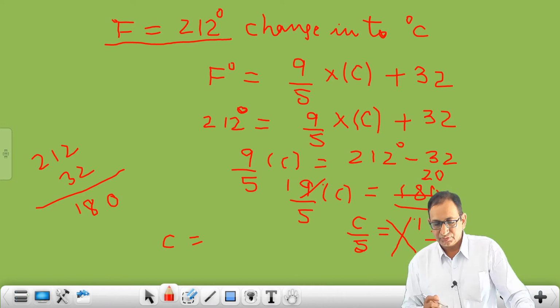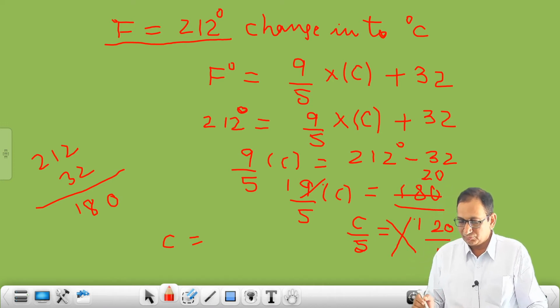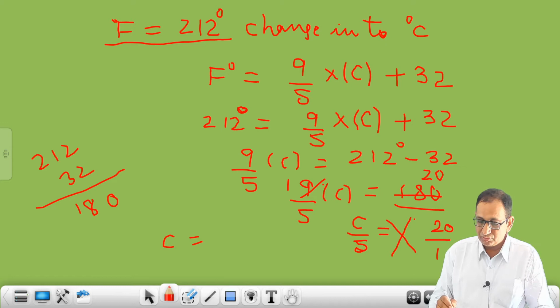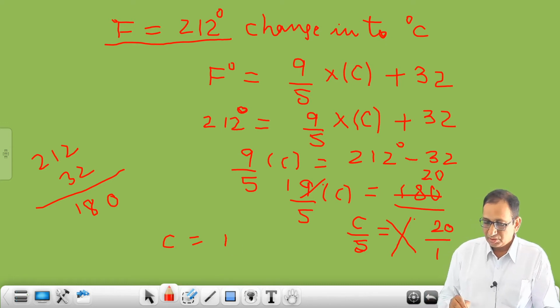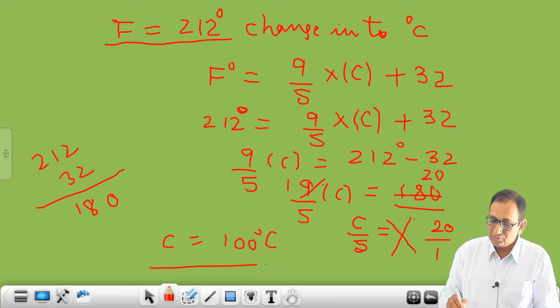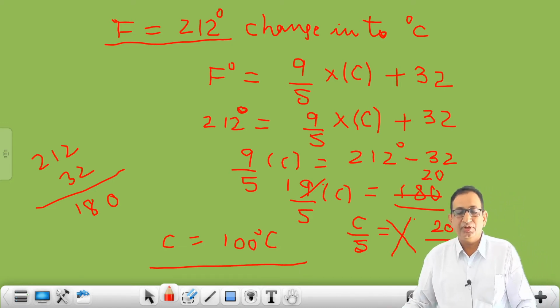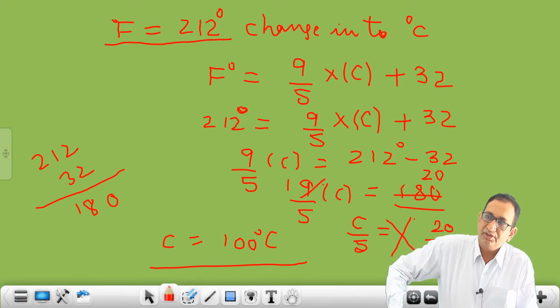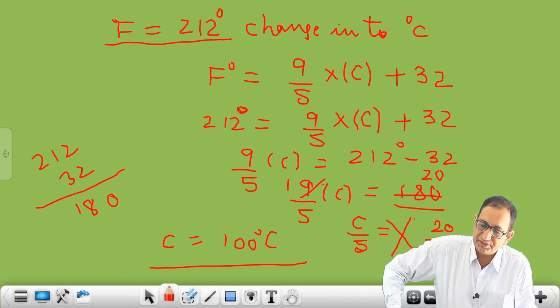How much? This is not 1, this is only 20, students. So C is equal to, you will get 100 degrees Celsius. And this thing we already know, that water boils at what temperature in Celsius scale? 100 degrees Celsius.